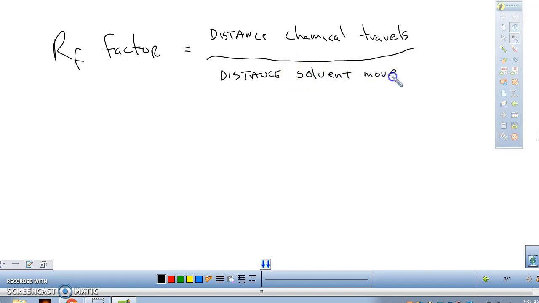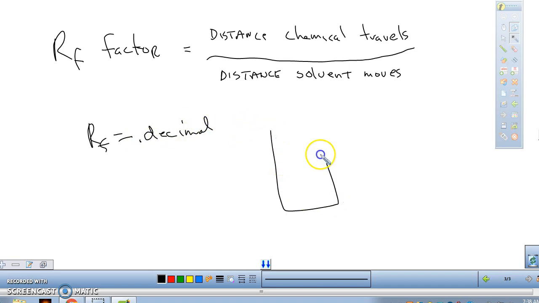So the solvent will always move more than any of your chemicals. If you leave it on there too long and it develops too long, some of your chemicals will be with your solvent front. You really don't want that to happen. That's typically bad. So for the most part, RF factors should always be a decimal. They should never be more than 1.